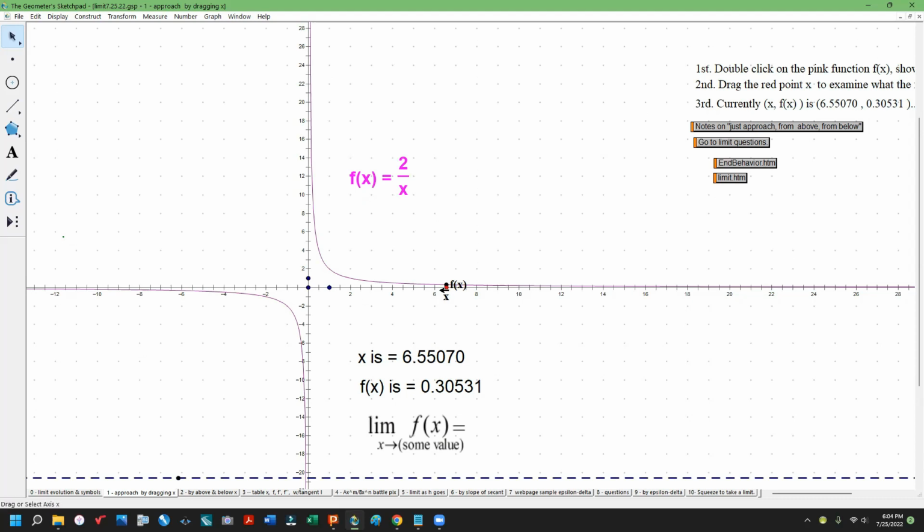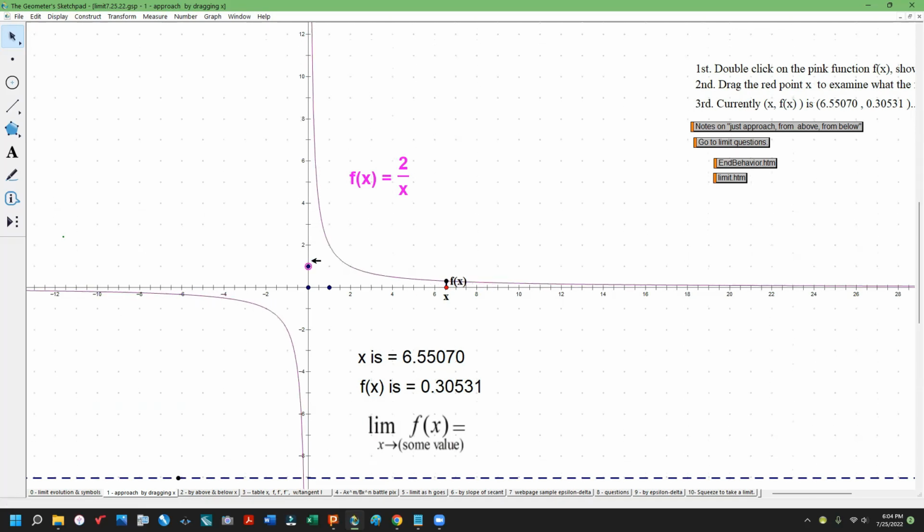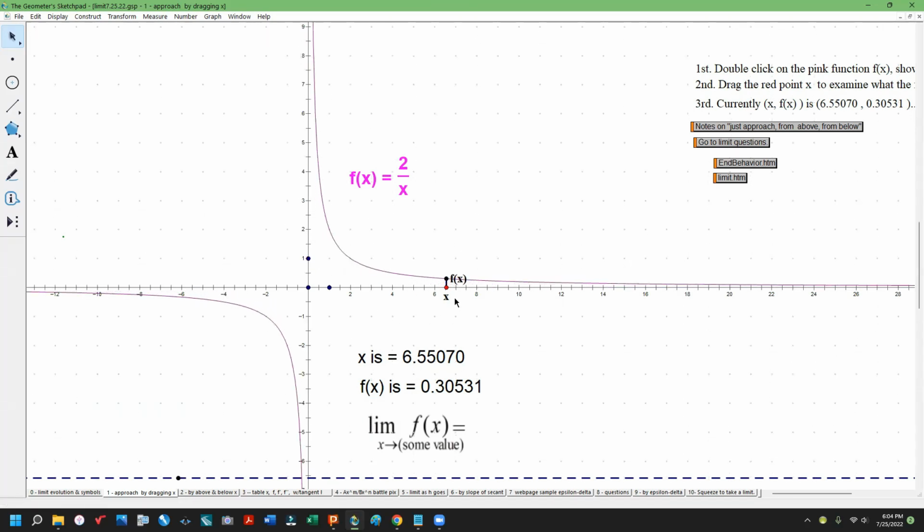That's what we're playing with today. And I'd just like to look at what the values of the function are as x approaches some constant. In this picture, we're going to approach 0.